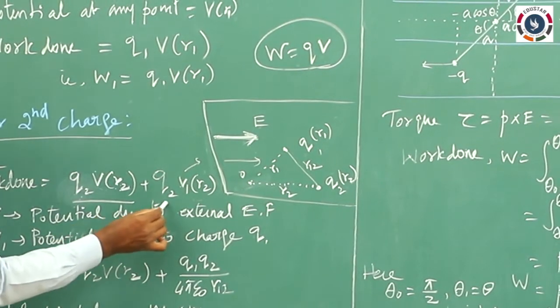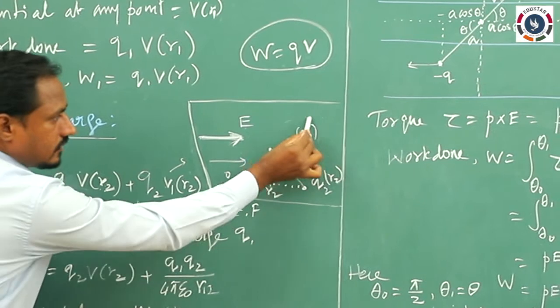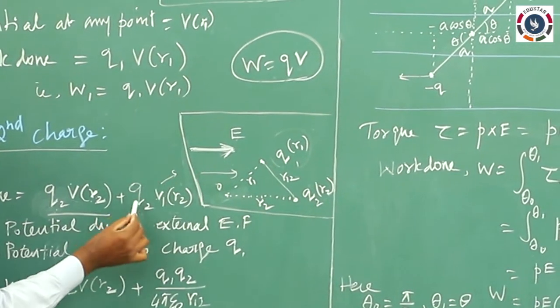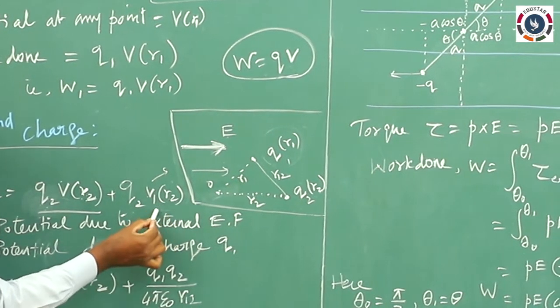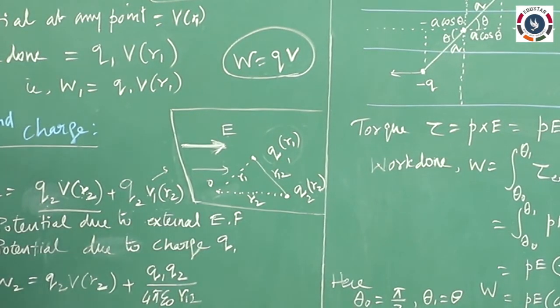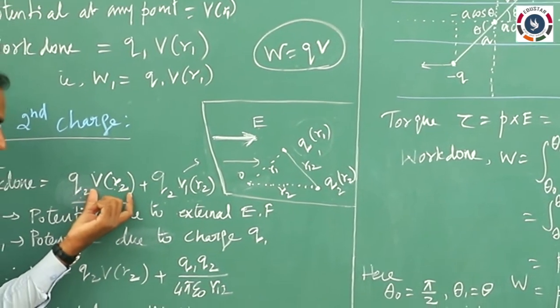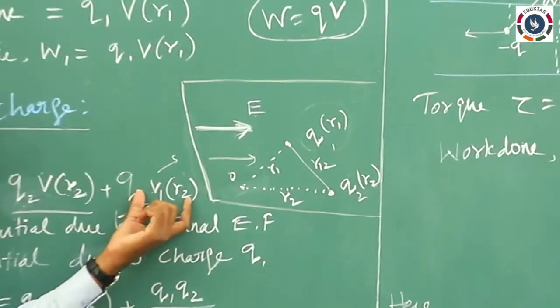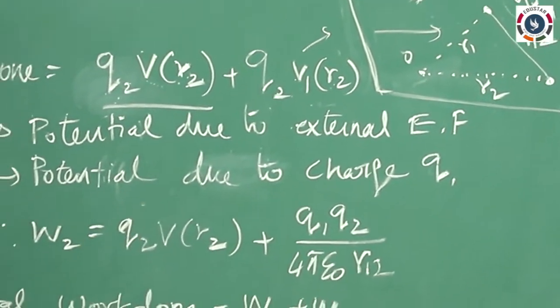The second term is the work done against the first charge. In this case, q2 is the second charge, and V1 of r2 is the potential due to the first charge q1.